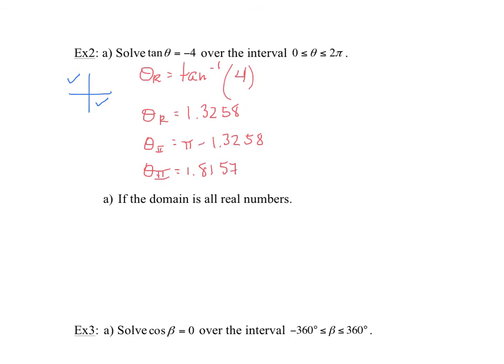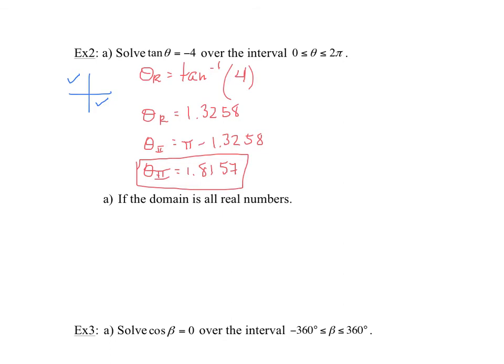Again, I truncated to 4 places. That's your angle in the second quadrant. Don't forget, 3.14 would be this, and 1.57 would be that. Anywhere between 1.57 and 3.14 works, so 1.8 is in the second quadrant.